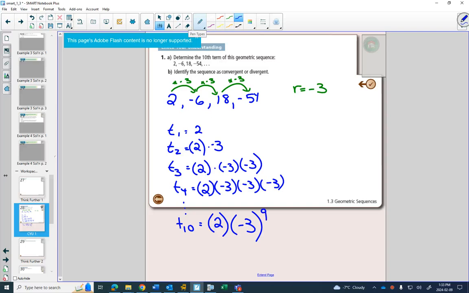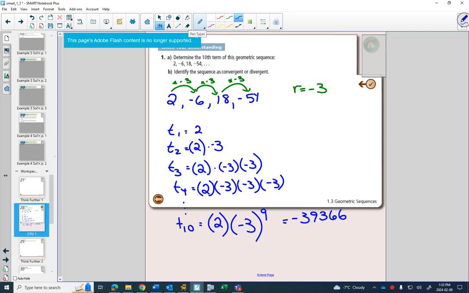And this is something we could type into our calculator all at once. So bracket -3 to the power of 9 times 2. And we get -39,366.